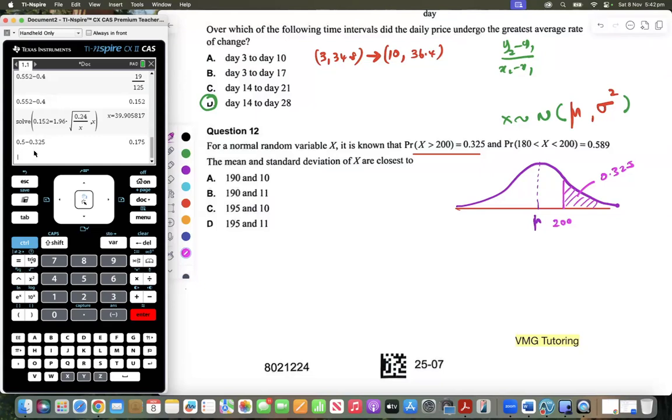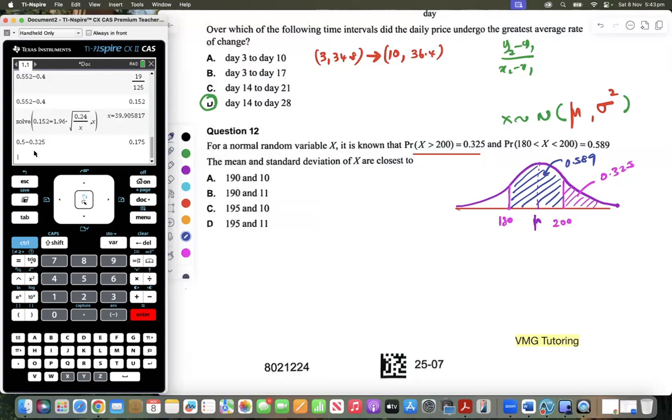So it should be less than half value. Therefore, it should be somewhere here. This number is 180. It says that the second colored area is 0.589. Okay, correct. I think that's correct.